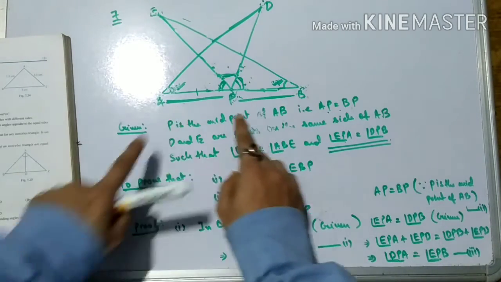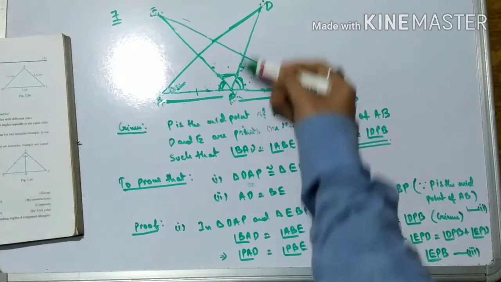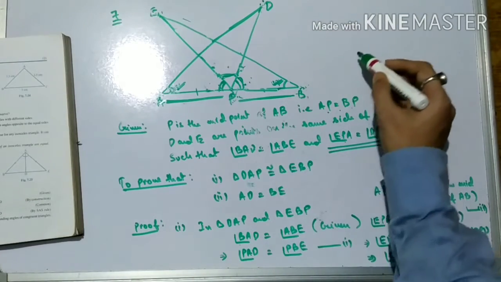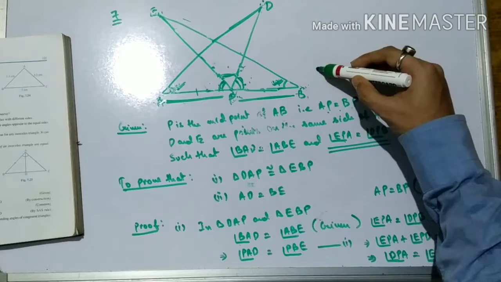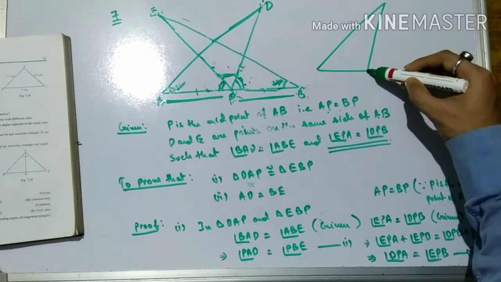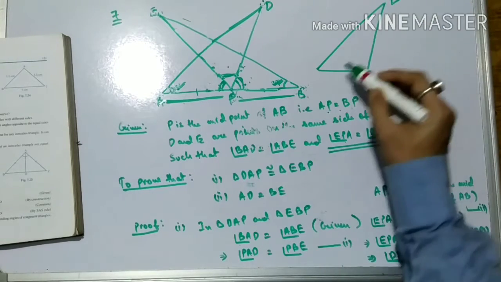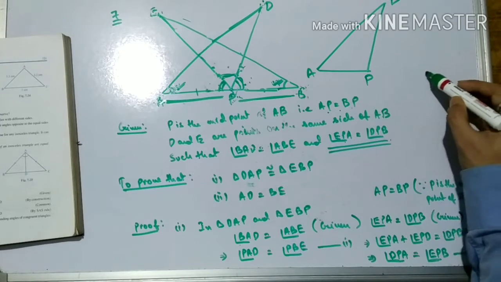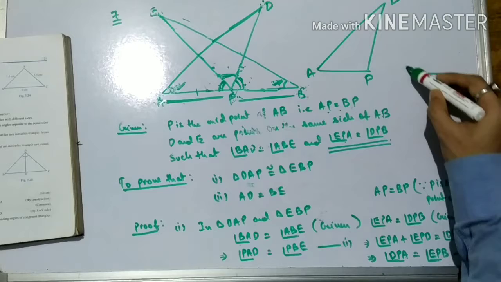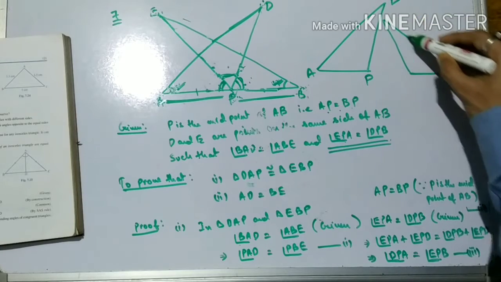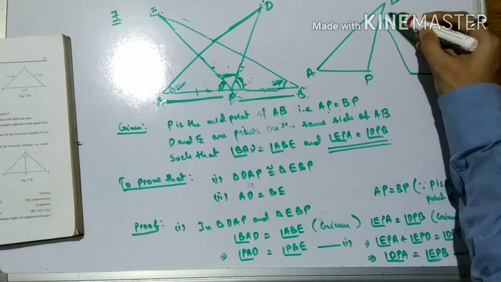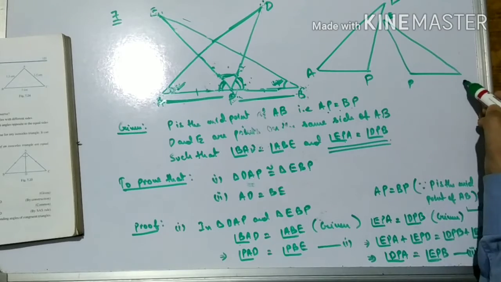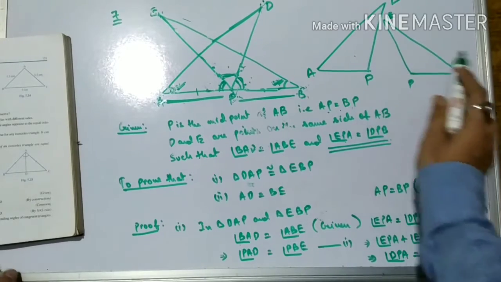I am saying again, first of all, in these two triangles, I am drawing and giving you: one triangle is your DAP, and the other one is this triangle, your EPB. Yes, these two triangles.